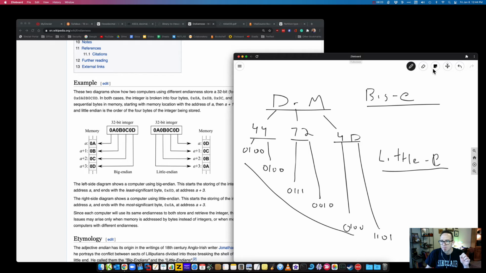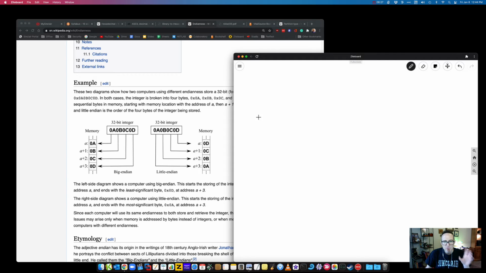Let's go ahead and just clear the board off here. As this data is written to disk, the address where it puts the most significant byte, hence the starting byte, is determined, in Big Endian or Little Endian, by either the lowest address or the highest address on record.